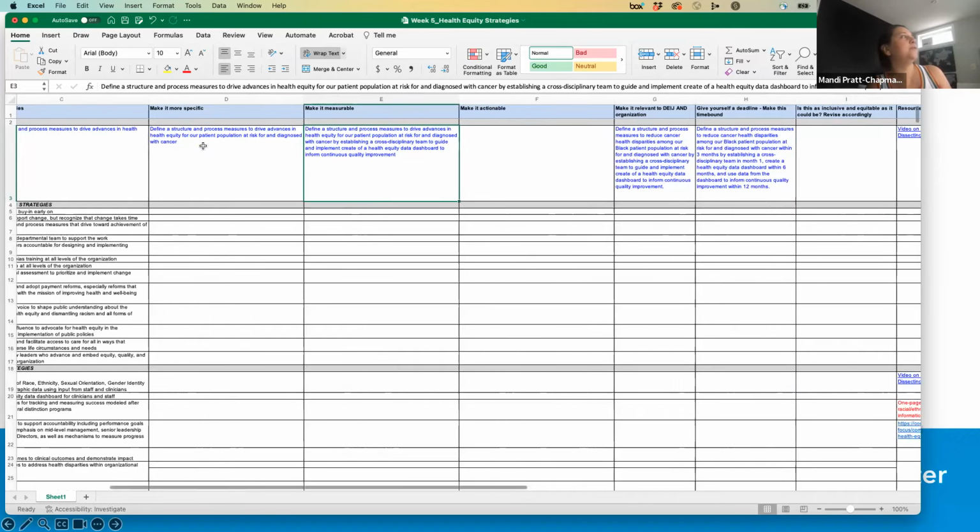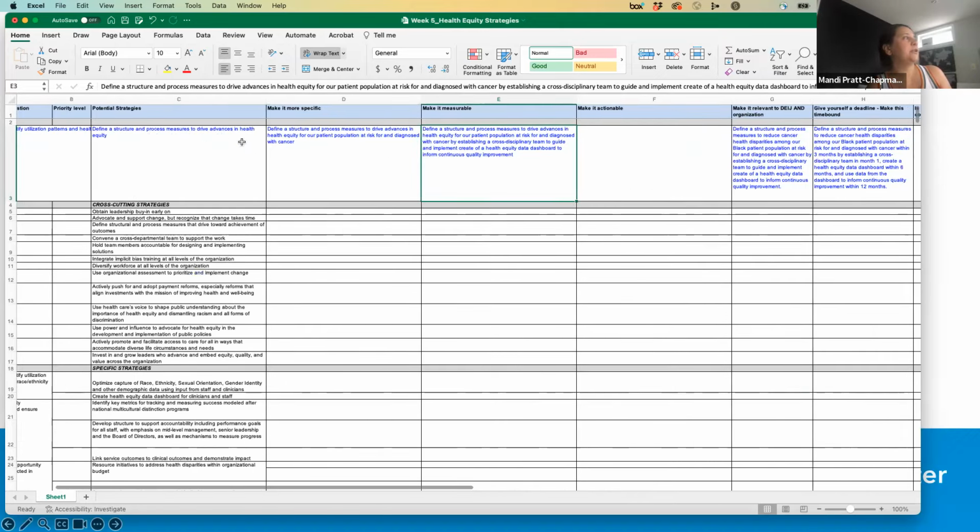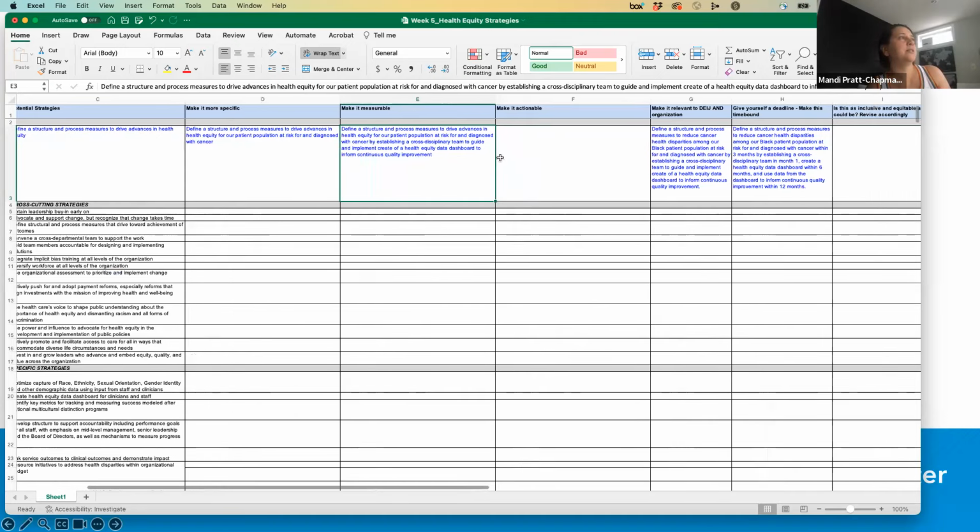So this evolved from defining a structure and process to measure and drive advances in health equity, to defining a structure and process to drive advances in health equity for our patient population at risk for and diagnosed with cancer, to defining a structure and process measures to drive advances in health equity for our patient population at risk for and diagnosed with cancer by establishing a cross-disciplinary team to guide and implement, I'm sorry, there's a typo there, to guide and implement a health equity dashboard to inform continuous quality improvement.